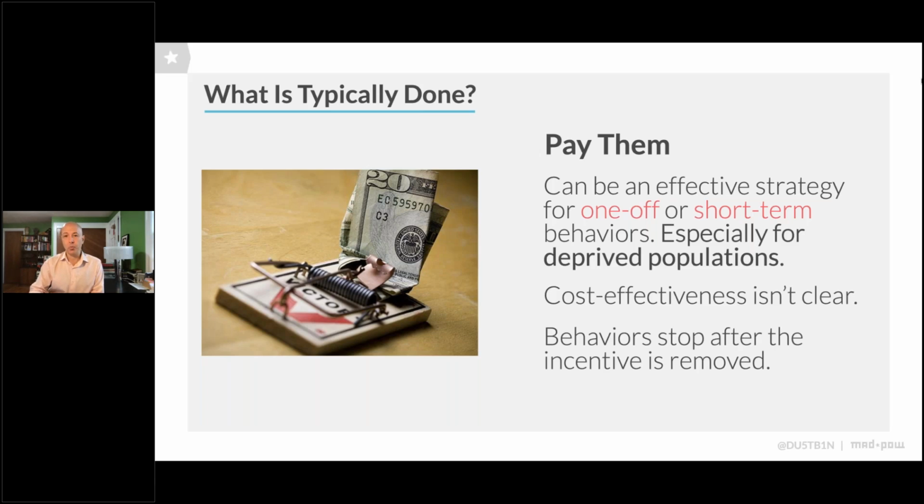And we also know that once payments have stopped, behaviors typically return to pre-incentive status, right? So we really need to think about, are we willing to pay people forever when we use these kinds of techniques? So that's what we see. That's what we see a lot of, particularly in the payer and provider space.